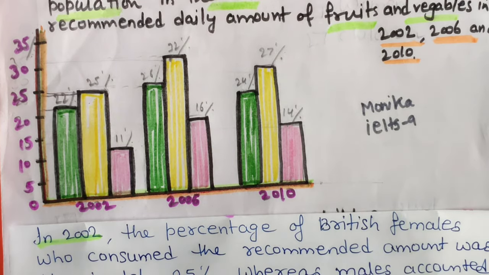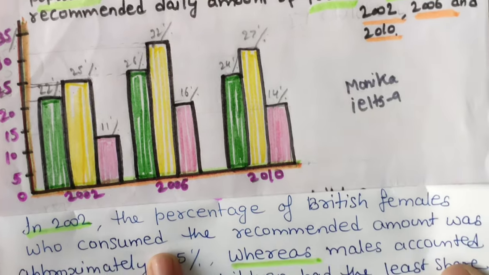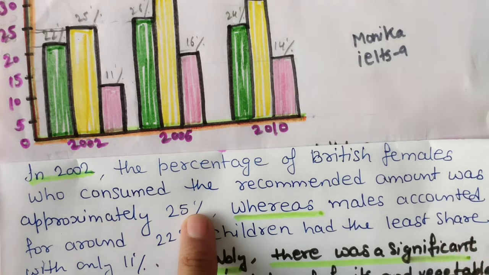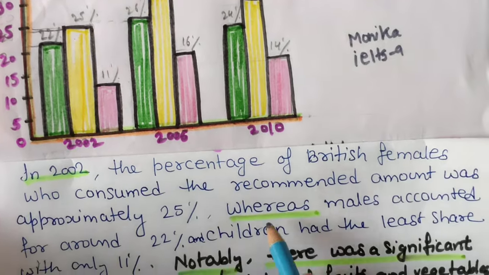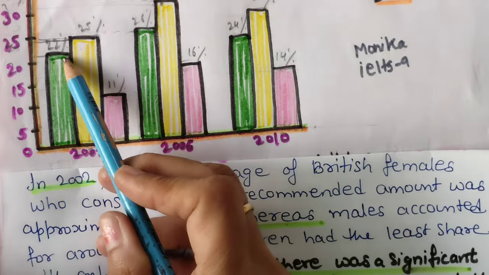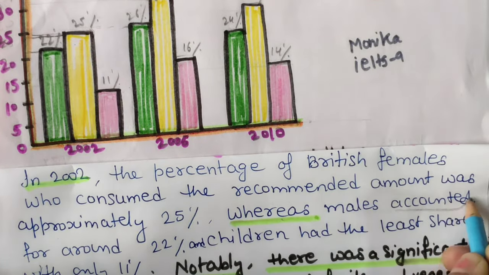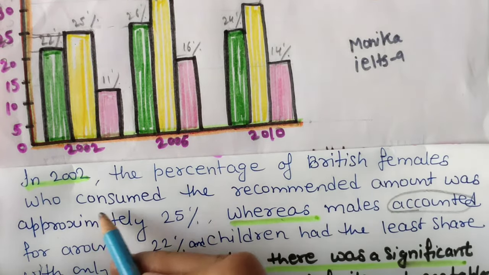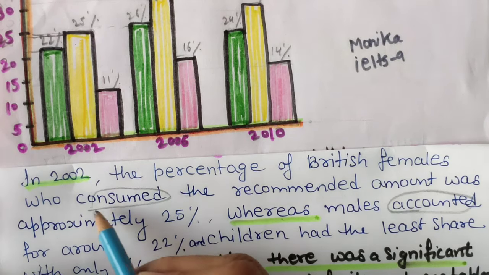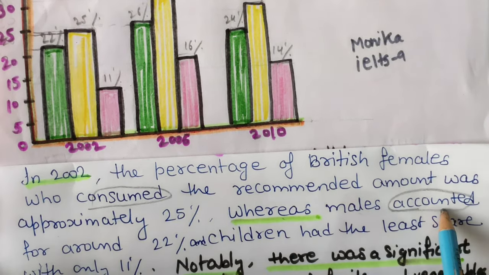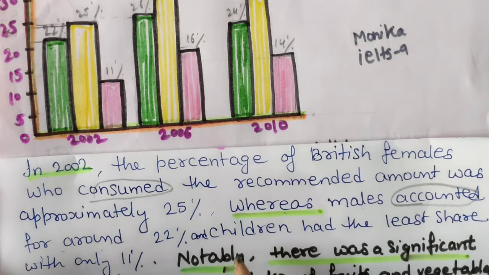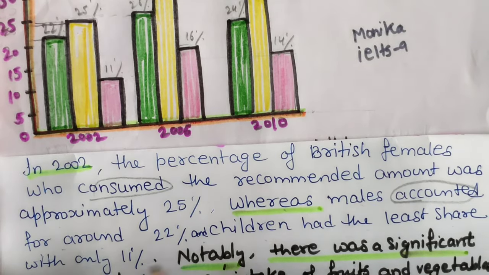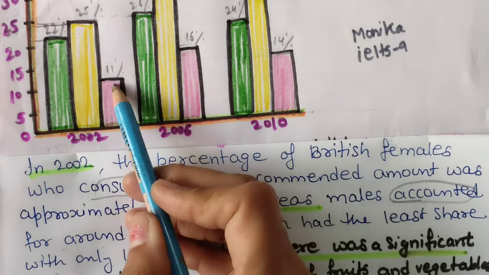So British females who consumed the recommended amount was approximately 25%, whereas males accounted for around 22%. Now we have used different vocabulary, because every time we can't use the same word. Here it is 22%, and children had the least share with only 11%.